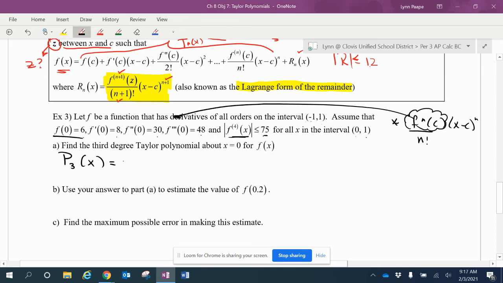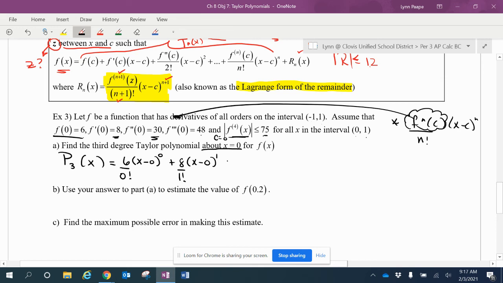So this is the no derivative form, so that would be 6. And now catch this, we're at x equals 0, so that means c is equal to 0. So that would be 6, and then this would be x minus 0 to the 0 power, because it's no derivative, divided by 0 factorial. And now let's go to the first derivative. So the first derivative is 8. So then that would be x minus 0, power of 1 over 1 factorial.